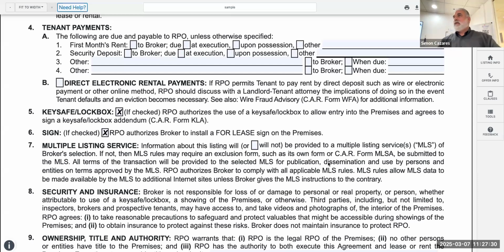Okay, so let's say the first and last month and security deposit equals $10,000, right? That is the check the tenant will be sending to the landlord to rent their place. But the landlord says, look, I just want my percentage, and I want the tenant to pay you the percentage that I'm obligated to pay you.